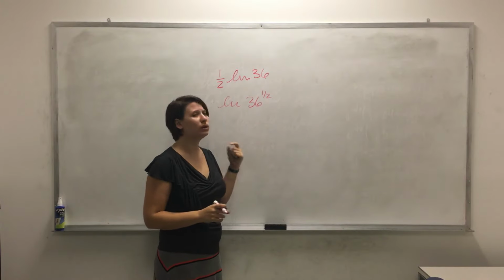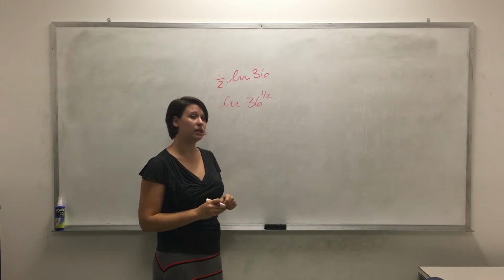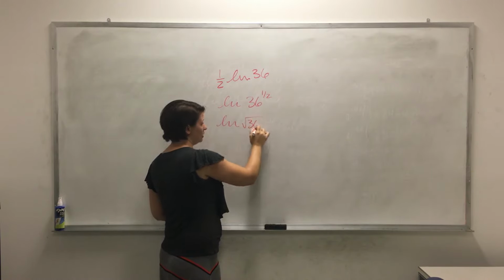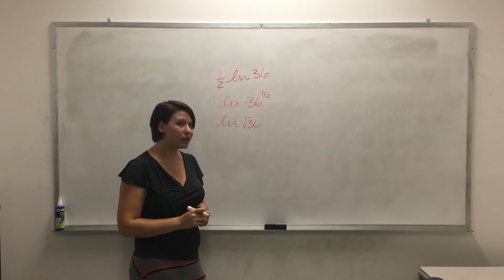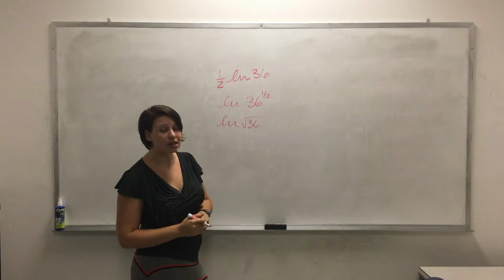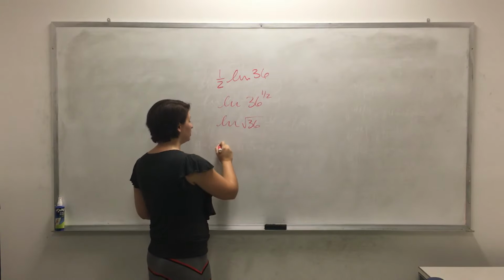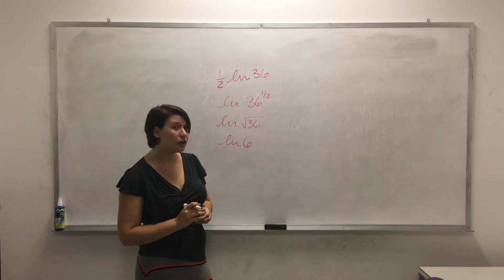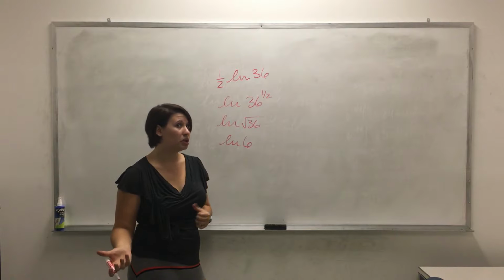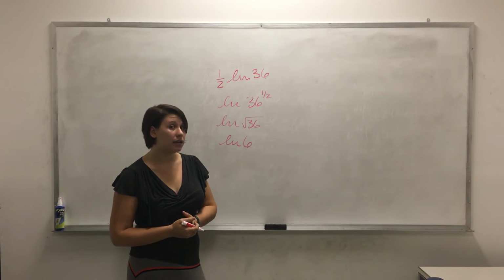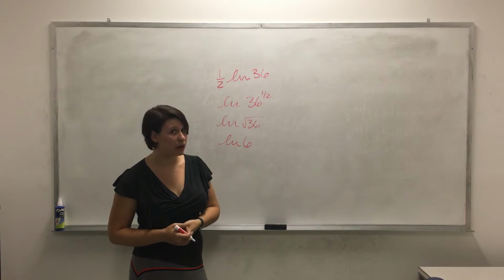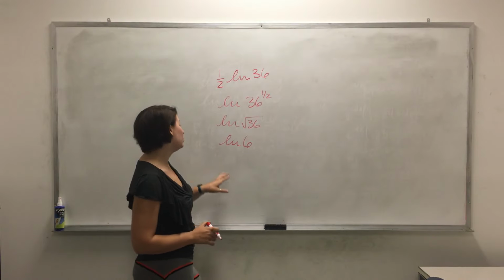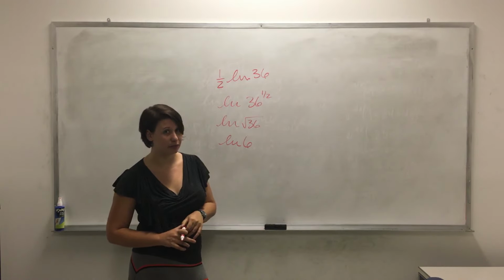We know the 1/2 is really just a square root, written a different way. So this is ln of the square root of 36. Now, the square root of 36 is 6, so this is the natural log of 6. We would stop here because any further, this would be putting it in our calculator and getting a decimal that we would need to round. Unless they tell us to round to a specific place, we can assume that they will almost always want an exact answer.